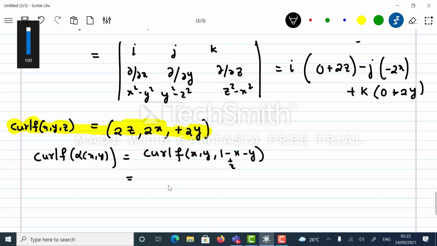We have already defined what curl f is. So it is 2z.